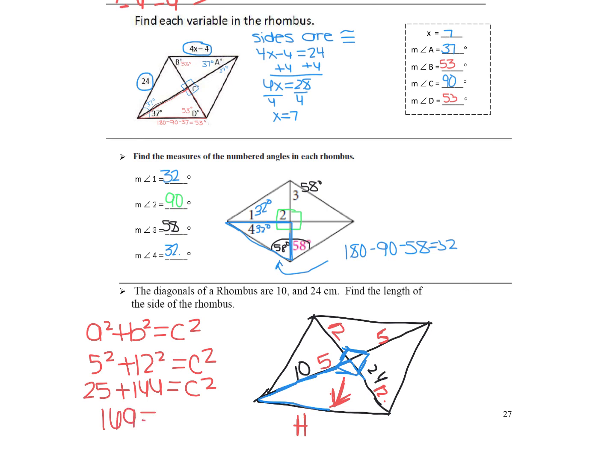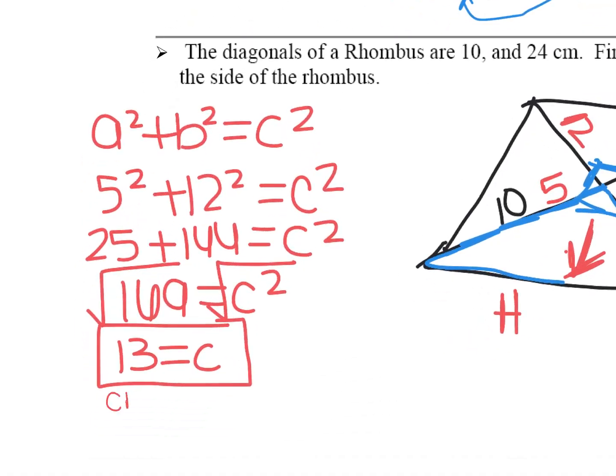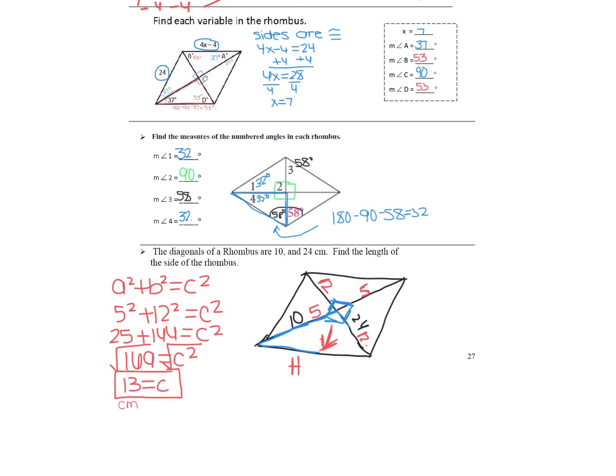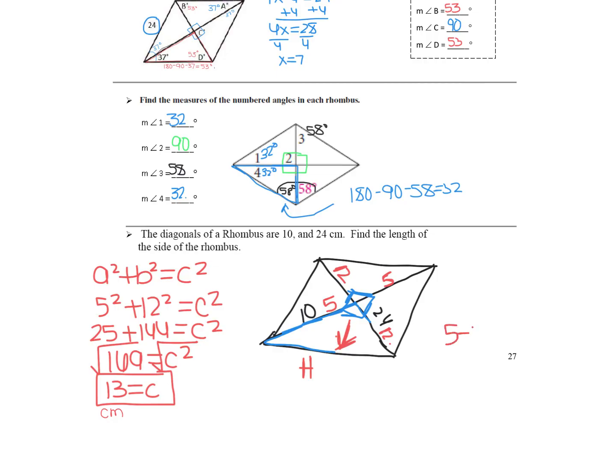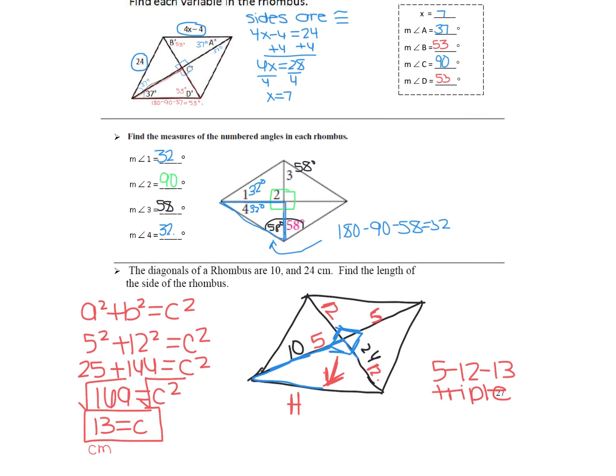So when I add them together and take the square root, I get C is equal to 13. Okay, they do use the units centimeters, so I'm going to put that underneath. Now the other thing is, if you notice here, this is a 5, 12, 13 triple. So you could also have noticed that as well.